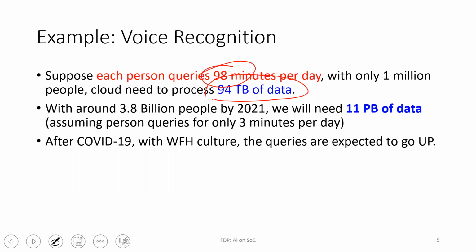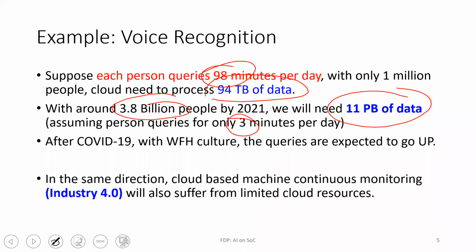Suppose we have 3.8 billion people, and if they use it only 3 minutes per day, then we need to store 11 petabytes of data, and it's a huge amount of data to be processed. And with the work from home culture, which has continued for the last 2 years, we are sitting at home, and that means these devices are used more and more, and a lot of data needs to be processed at the cloud.